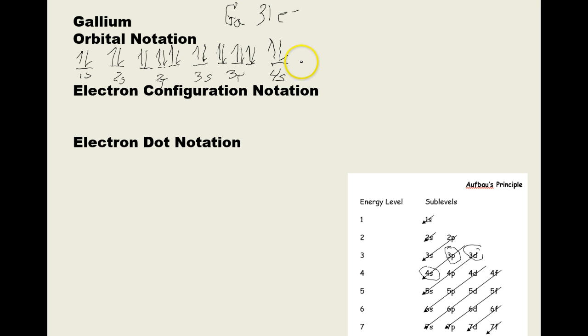D sublevel has 5 orbitals: 1, 2, 3, 4, and 5. Label that the 3d. And I'm going to put 1 electron in each before I put in a second. When I do that, I'm going to count up the number of electrons, and I'll find that I have used 30 electrons right now. So I have 1 more.